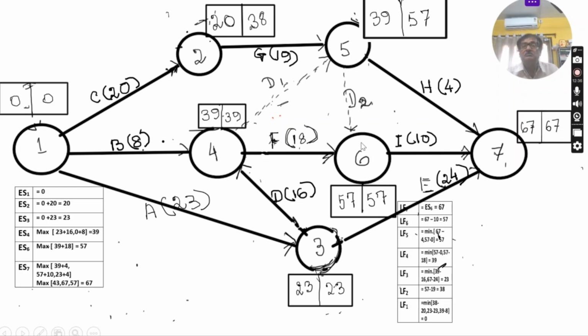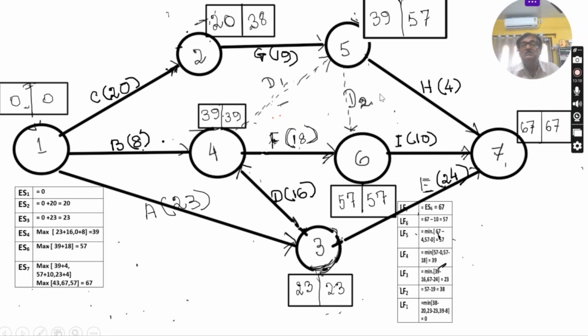Which are the activities attached to this node? 4, 6 and 5, 6. Then what will be the earliest start time? If you move through this path, the earliest start time is 39, plus the activity time 18, that means 57. 39 plus 18 is 57.